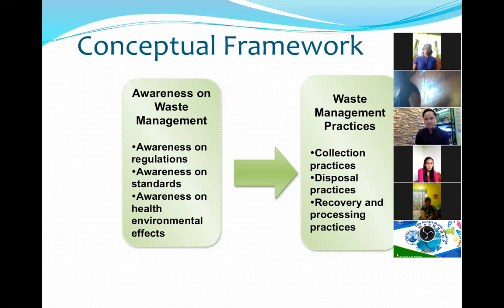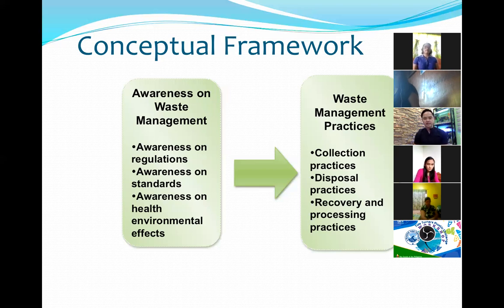So going back, this is your conceptual framework, and as I've mentioned kanina, academic achievement is multifactorial, especially during this pandemic time. So magbasa na kayo ng literature kung ganun ang topic ninyo, no? So this is an example of IV and DV, and my point is that after presenting your IV and DV, there must be a discussion of the contents of the IV and DV.